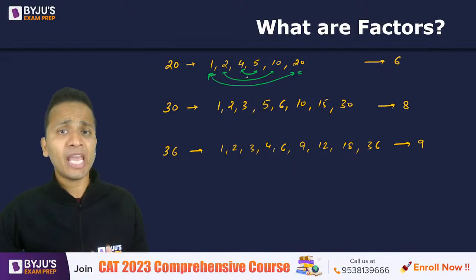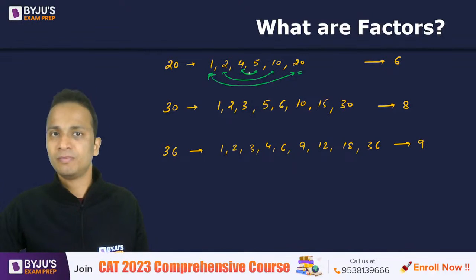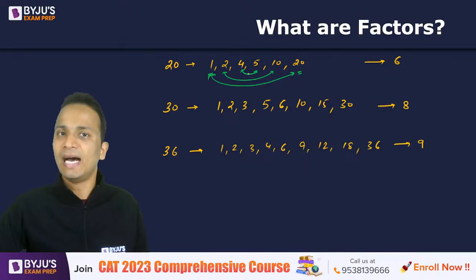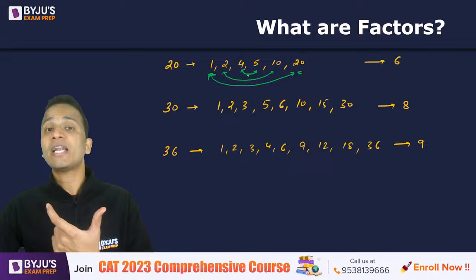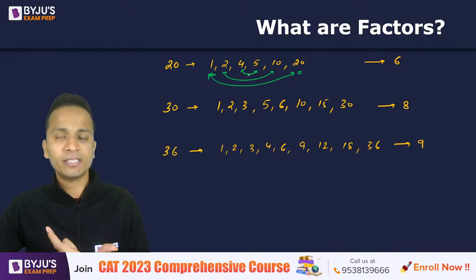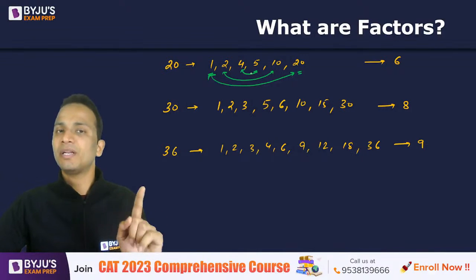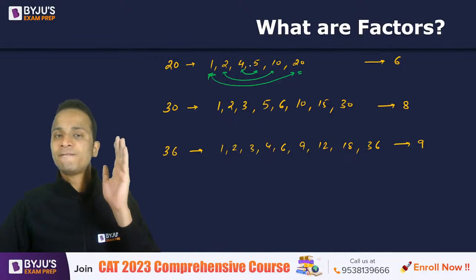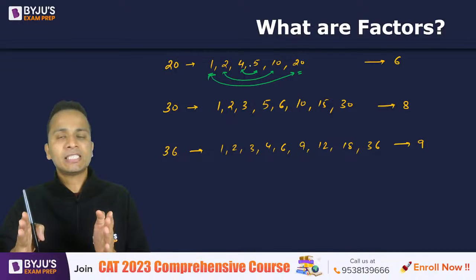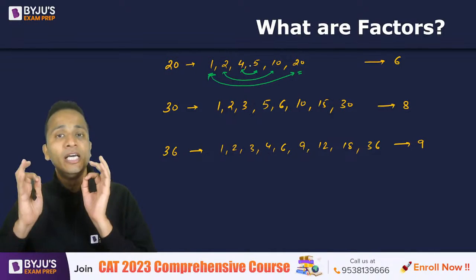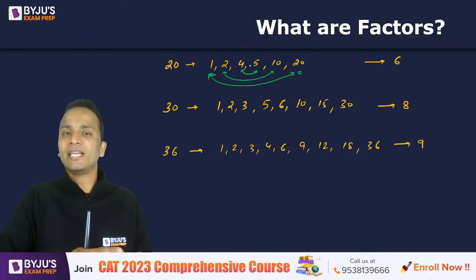Now this will happen every time for every number. So you can always say that the product of the factors which are equidistant from both the ends will result in the number itself. The product of first and last factor, the product of second and second last, third and third last, will always result in the number.